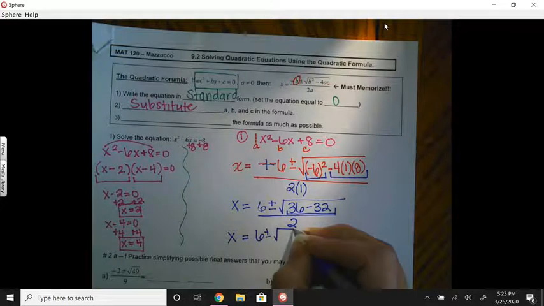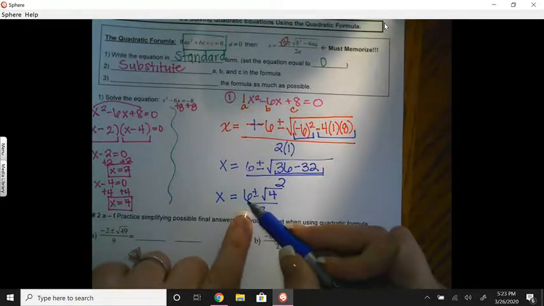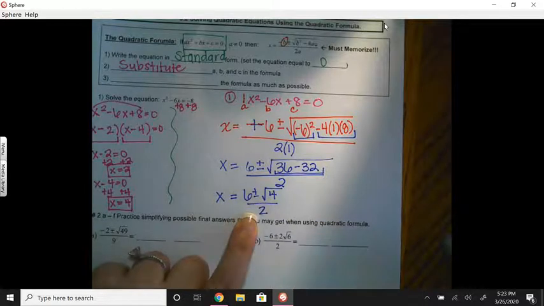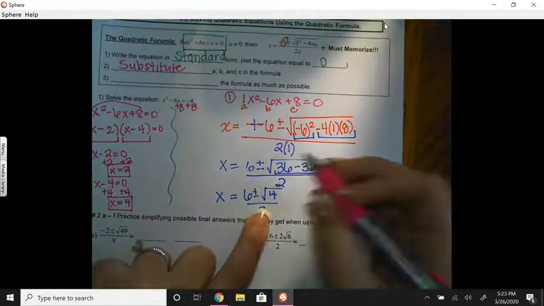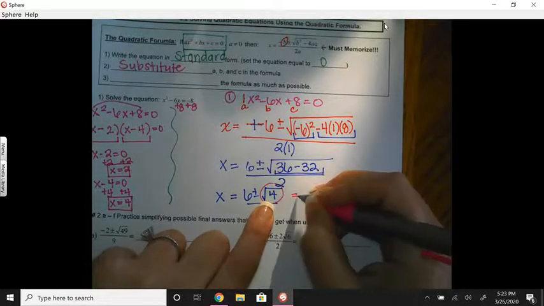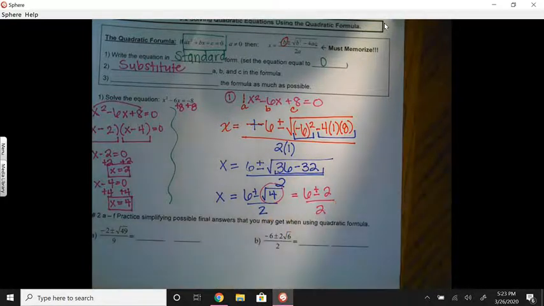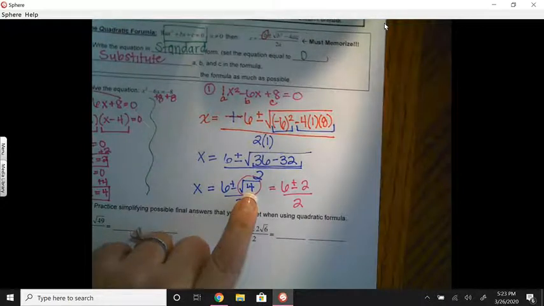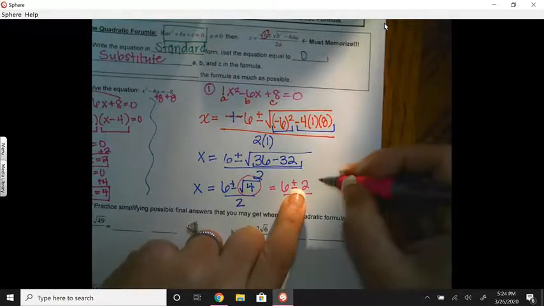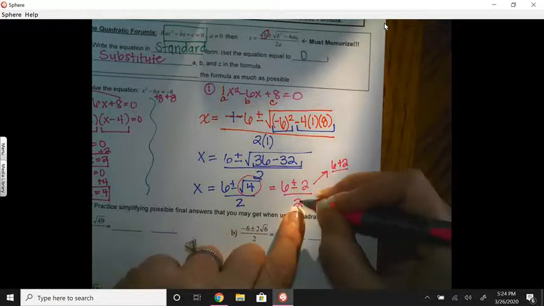is 4. Okay. Then when we get it down to this part where there are 3 numbers here, you always want to start with the radical and see if the radical can be simplified. So the square root of 4 is 2. Now since the radical is now gone because we were able to evaluate the square root of 4, we're going to do 6 plus 2 all divided by 2, and then 6 minus 2 all divided by 2.